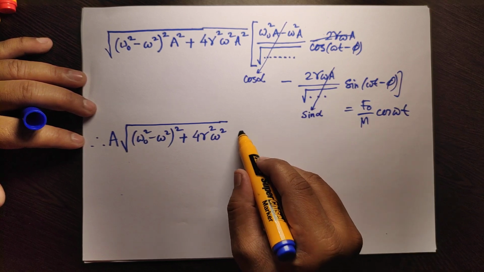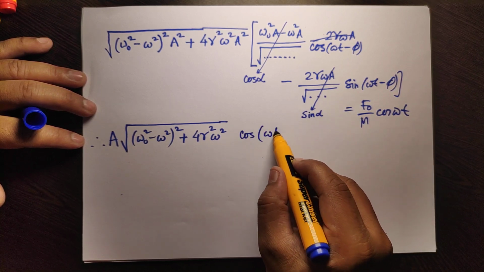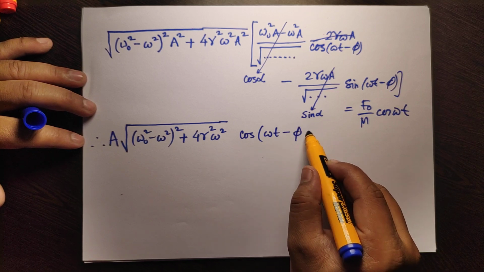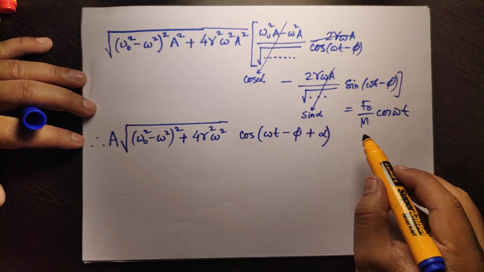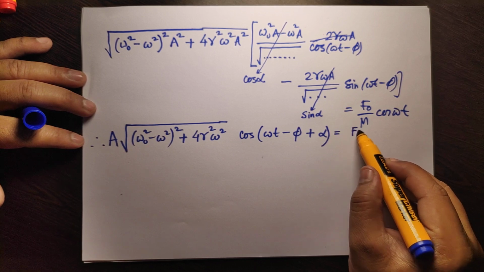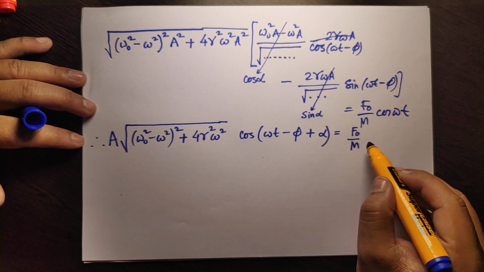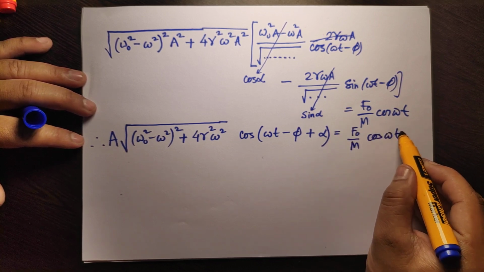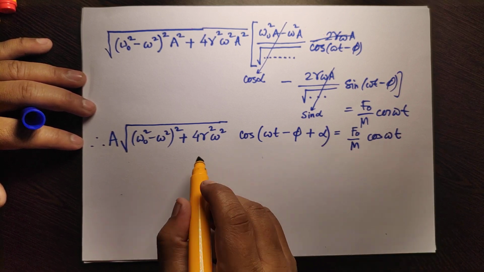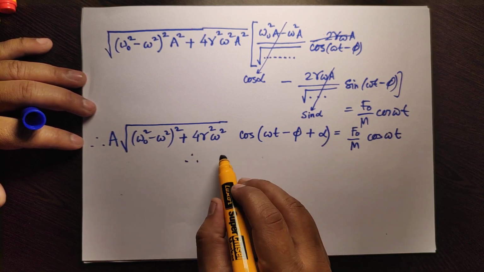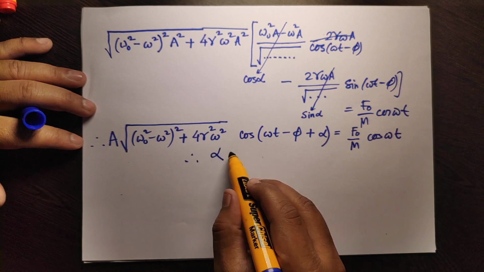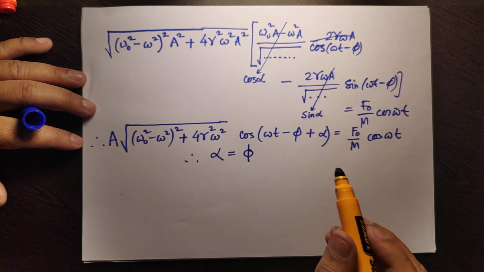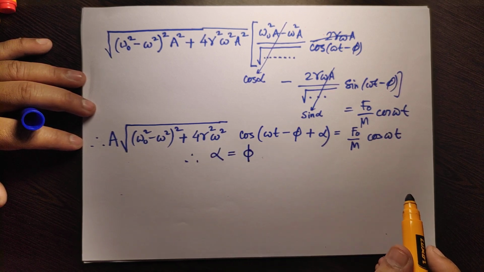So you have cos(omega t minus phi plus alpha) equal to F naught by m cos omega t. Now see, these two have to match, right? So therefore we can conclude that alpha is equal to phi, and also we can find out the value of alpha.